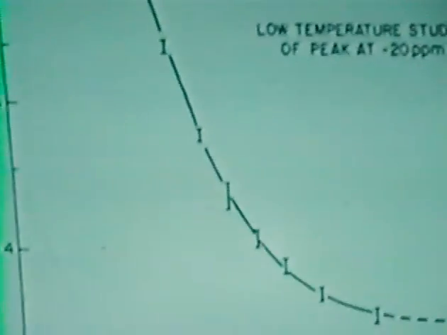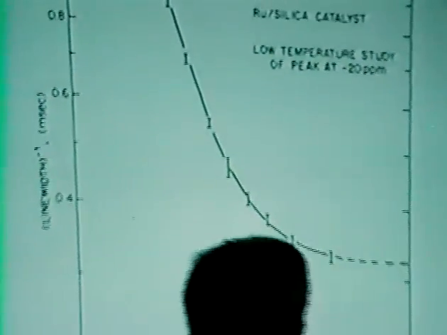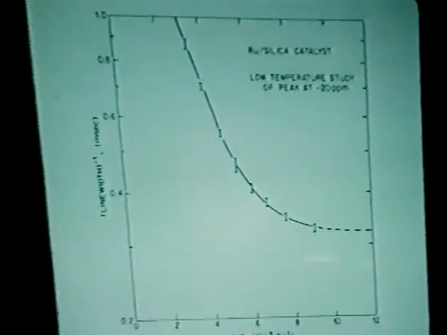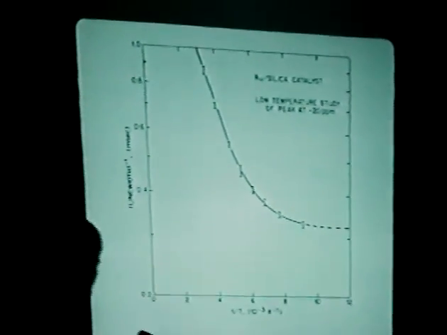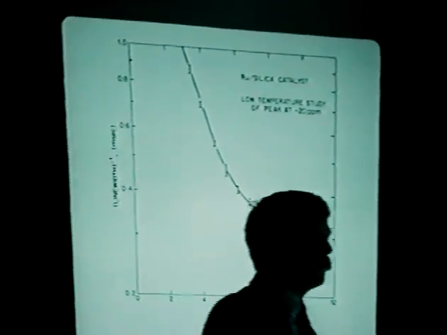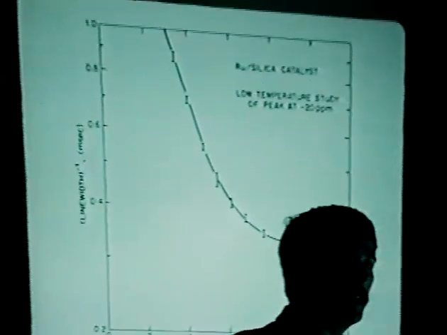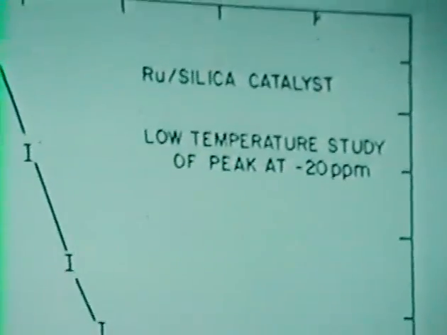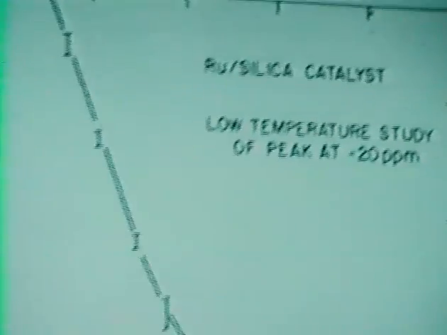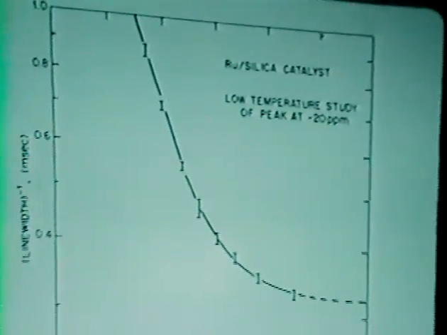If we then plot 1 over the line width, this approximate correlation time, against the inverse temperature, we find we have a linear region here. Again, assuming Arrhenius behavior, we can extract an activation energy from this. We get about 0.6 kcals per mole for this type of motion, right? Very fast type of motion. That is something corresponding to more of a physical rearrangement as opposed to a chemical process.